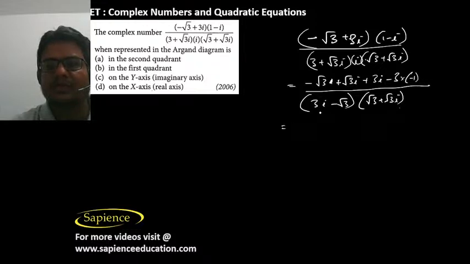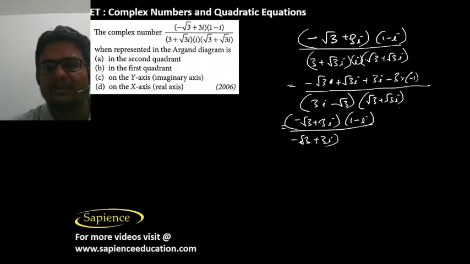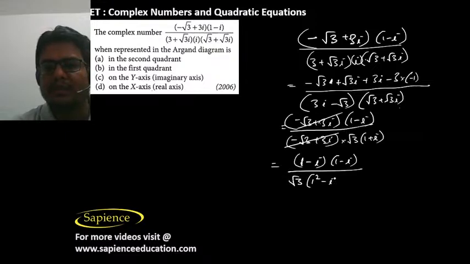So actually we can write minus root 3 plus 3i into 1 minus i, divided by minus root 3 plus 3i into i, I can write root 3 into 1 plus i. So these two will get cancelled. So this will be 1 minus i into 1 minus i divided by root 3 into 1 square minus i square.